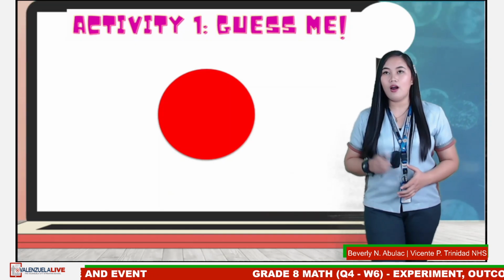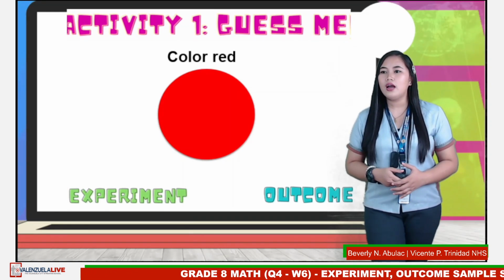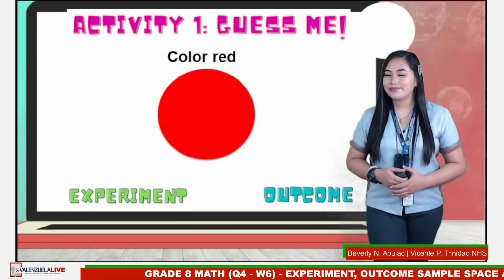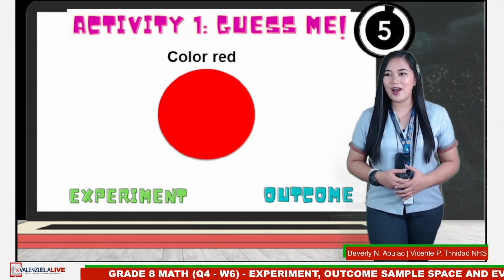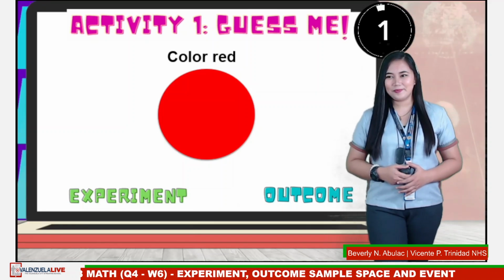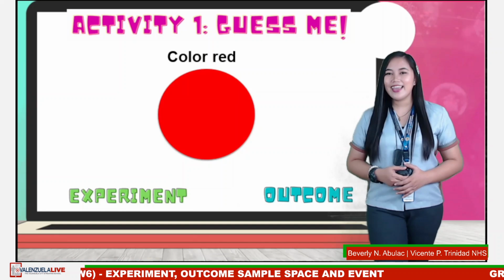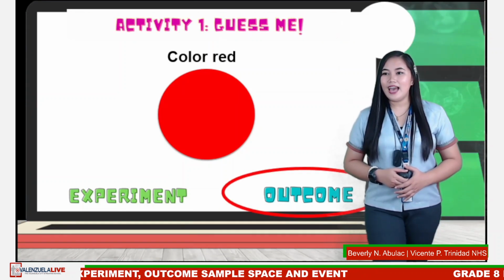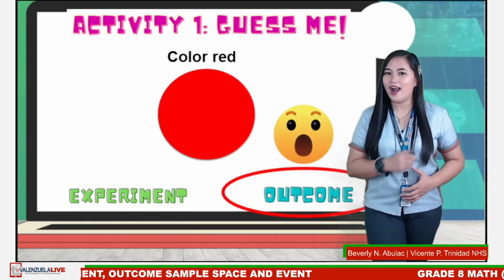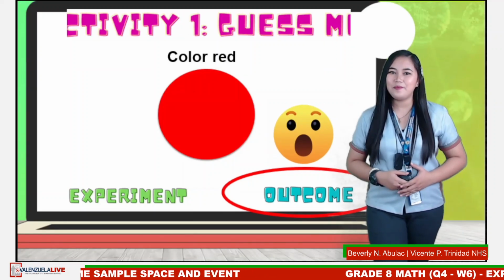The next one, color red. Is it an experiment or an outcome? Timer starts now. Time's up. Very good. The answer is outcome. Therefore, you should be able to press the wow react button.